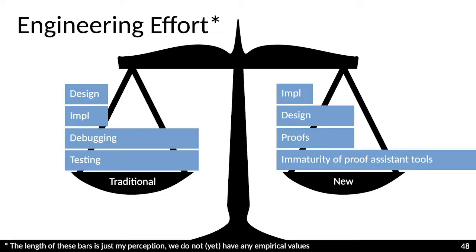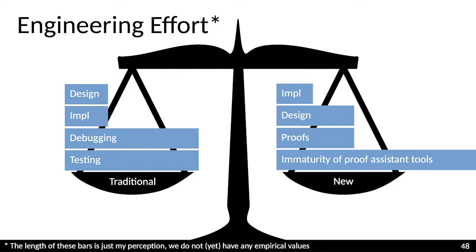And the answer is really that at the moment, it's a balancing of the engineering efforts. To the left of this balance, I put some bars about the traditional approach, where you spend some time on designing and implementing your system, but then you also spend a lot of time on debugging it and on testing it. On the right, I put some bars for our method, where you probably have to spend some more time on thinking hard about what are the right interfaces. That's the design bar, and therefore, hopefully, the implementation bar might become a bit shorter.